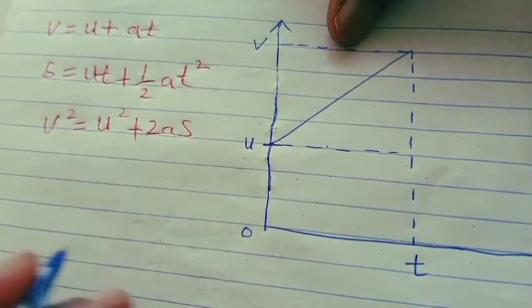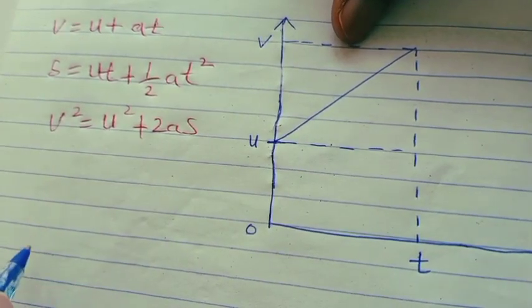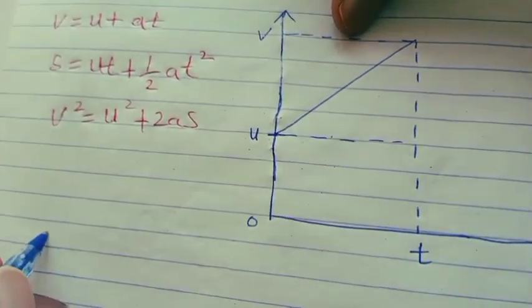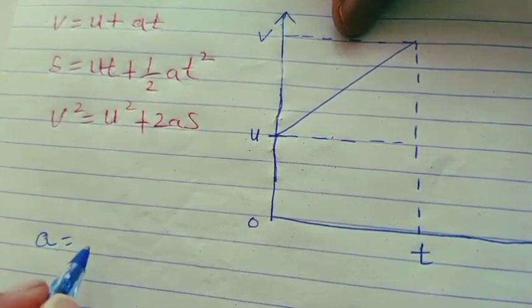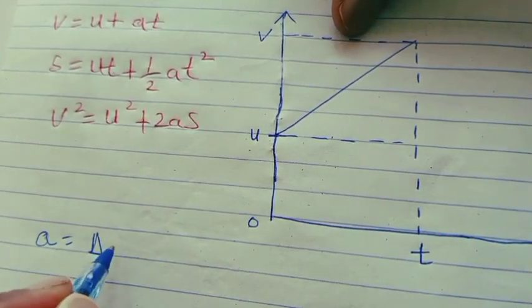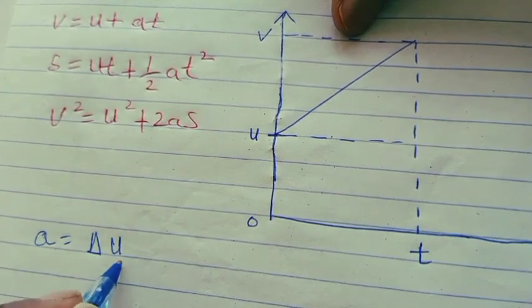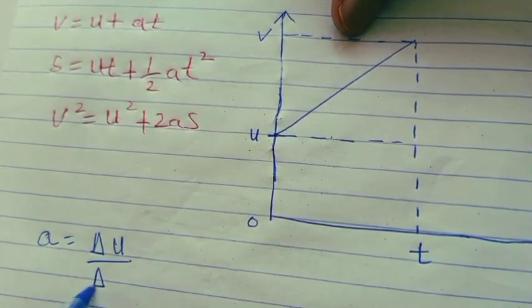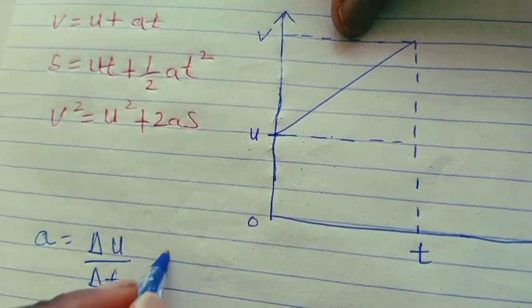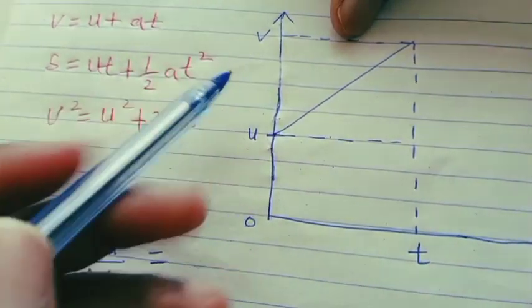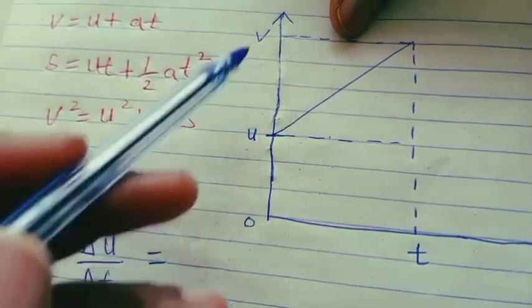So we begin by defining acceleration. Acceleration is defined as the rate of change of velocity with change in time. So in our case, velocity changes from u to v.